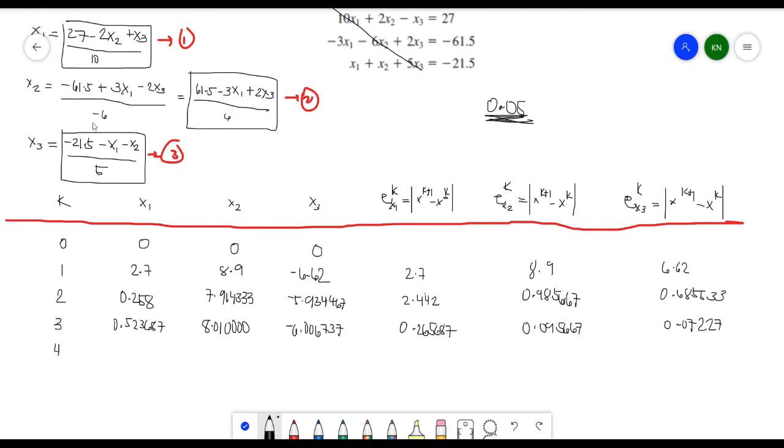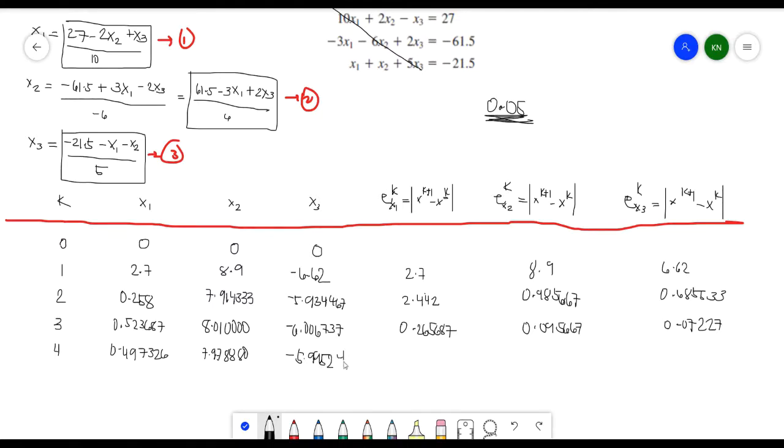Substituting the values again, we have 0.497326. And then for this one, we have 7.97880. Then we have negative 5.995241.